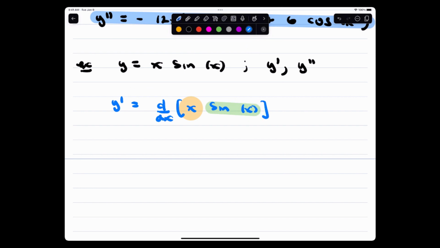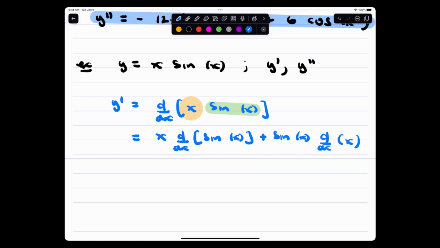Okay, what rule do you guys use here for this? Product rule, is that true? Okay, so you're going to pull out your what? Pull out the x, and you differentiate what? Sine, and then that's plus sine, and then you differentiate the what?